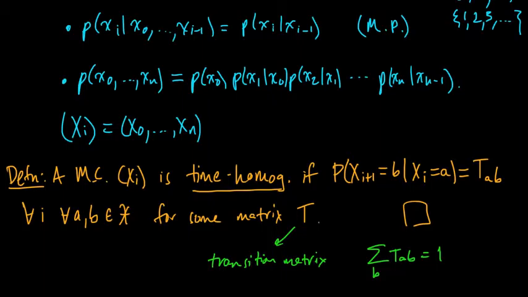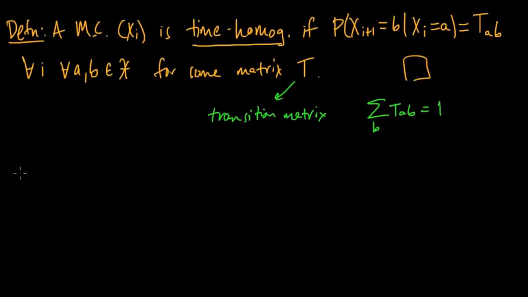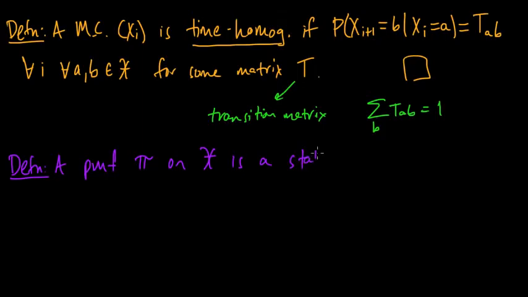And what else do we need to define? We need to define a stationary distribution. Definition: a PMF pi on this space X is a stationary distribution, or sometimes people say invariant distribution, and you'll see why in a second.